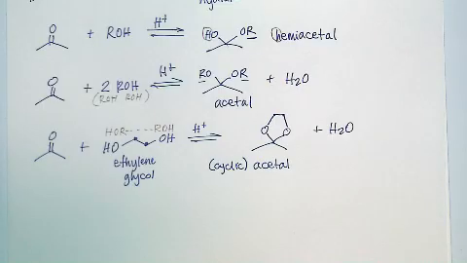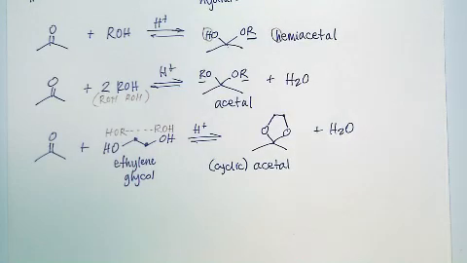This particular reaction is super useful when you're trying to synthesize a large molecule because, say you've got a big molecule and it has a ketone on it, and somewhere else you're trying to do your chemistry on the other side of the molecule, but you've got this ketone, and maybe the ketone is reacting with one of your reagents that you want to use.